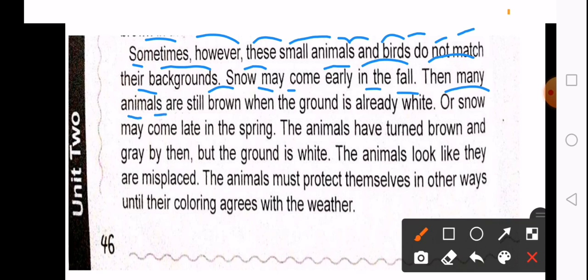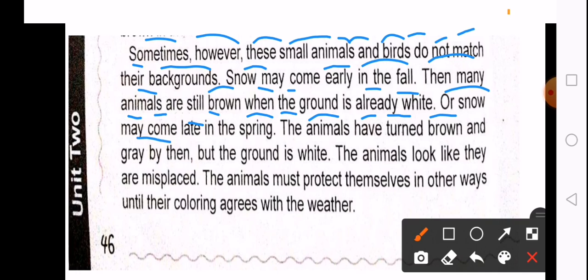Snow may come late in the spring, the animals have turned brown. So as you see here, some animals' colors don't change because maybe the fall comes early or the spring.